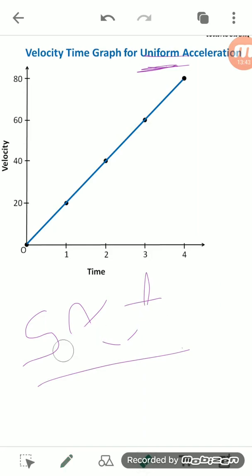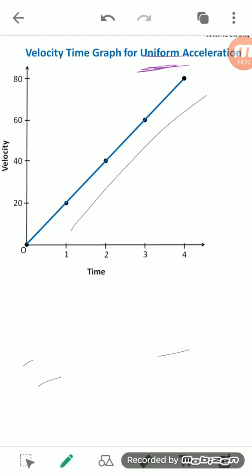When we talk about a uniform acceleration, the speed time graph for a uniformly changing speed, because speed is changing by an equal amount in an equal interval of time, will be a straight line.